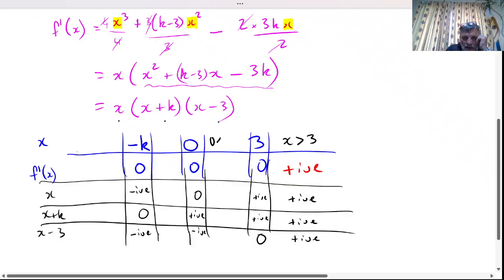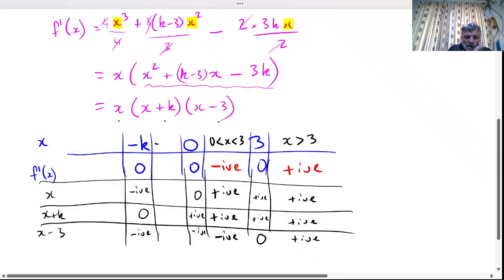If we've got x between 0 and 3, x is positive. Something positive plus k will also be positive. But if I take away 3, for example 2 take away 3, I get a negative. So 2 positives and a negative means we will get a negative value in here.